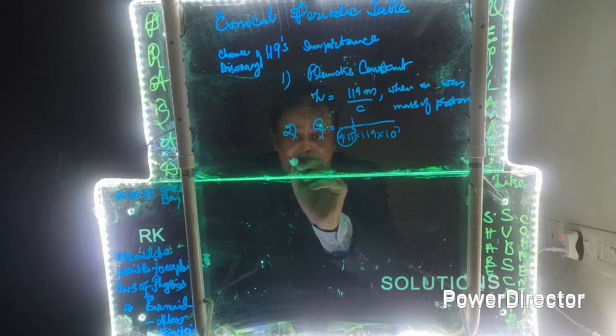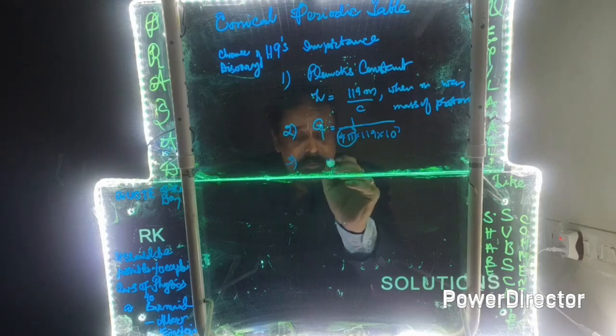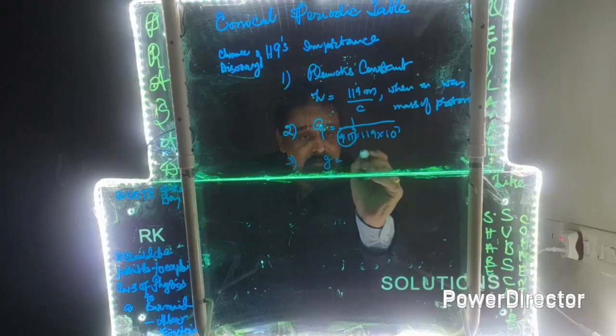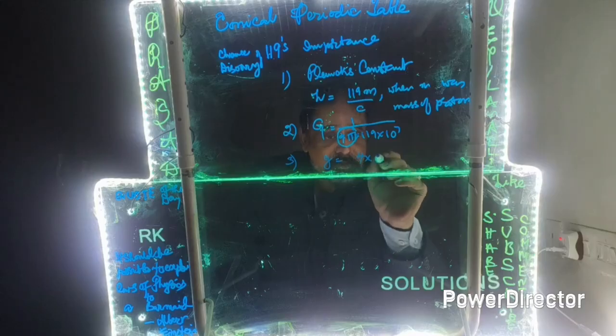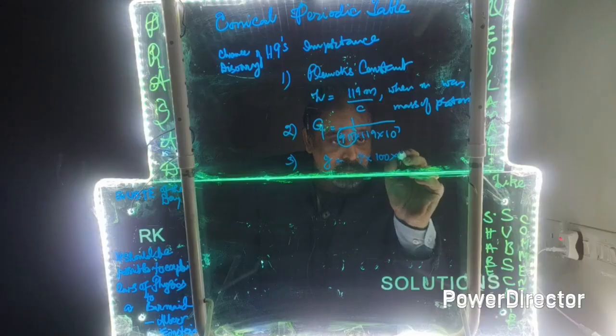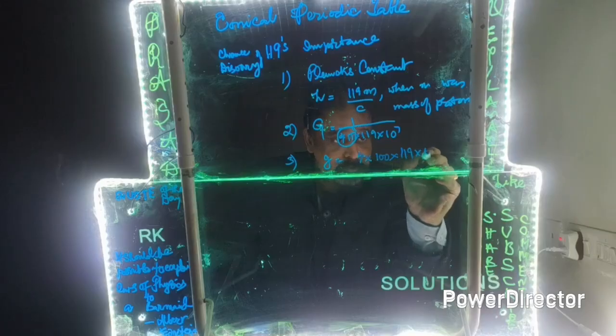Then again, the third time, while computing the acceleration due to gravity, it turned out to be 4 into 100 into 119 into 1.67 into 10 raised to minus 27.